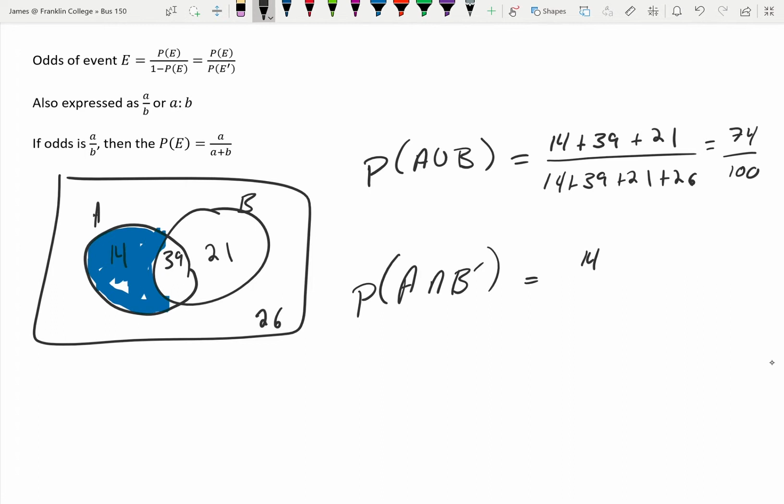We also already know the entire sample space, which equals 100. So 14 over 100 is telling us the probability of A intersect not B occurring.